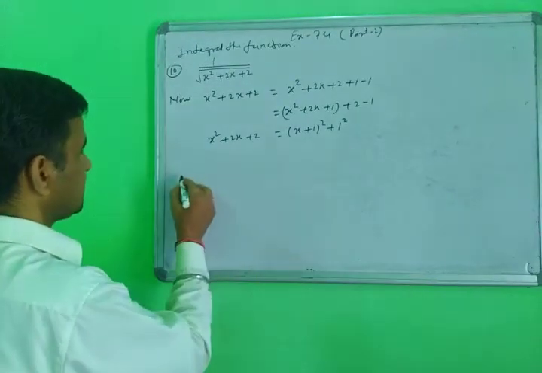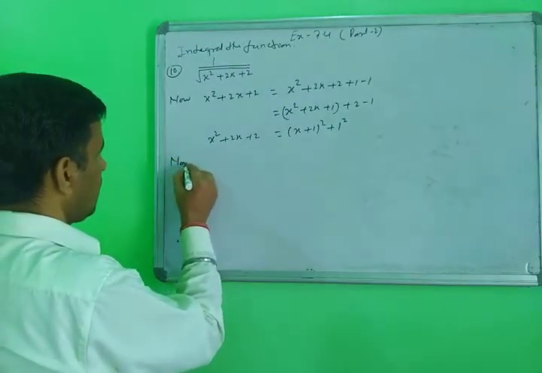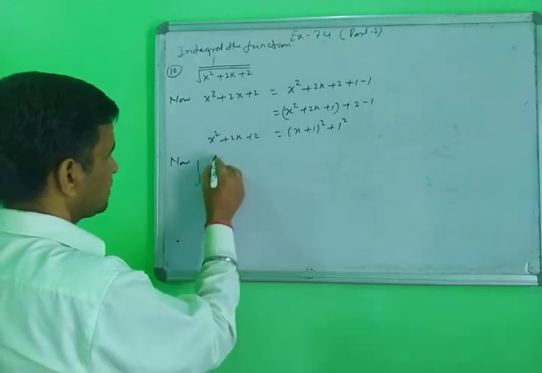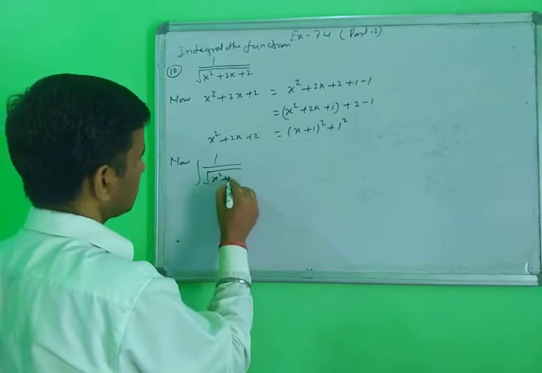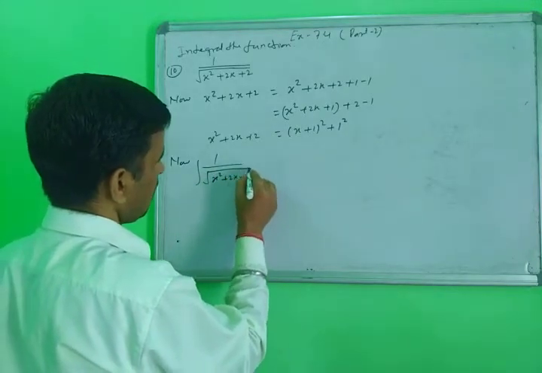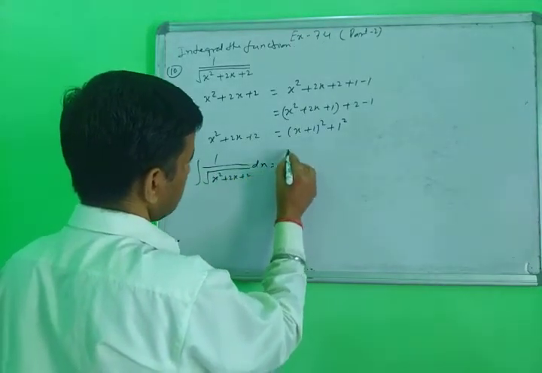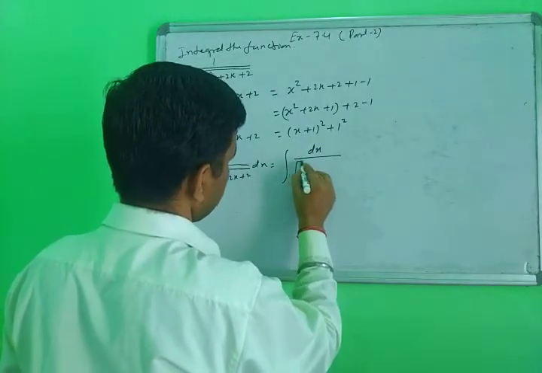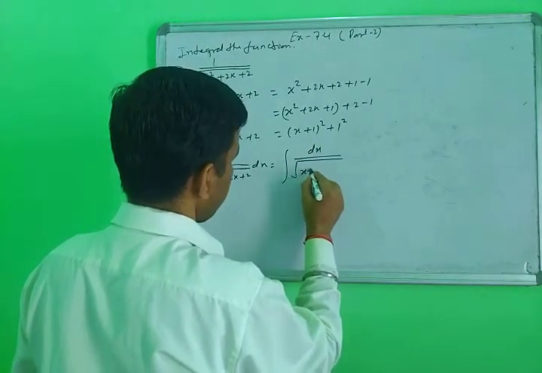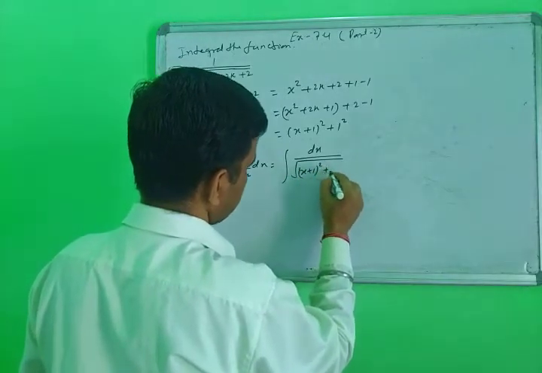After that, you write the integration form: integration of 1 upon root x square plus 2x plus 2 dx, which equals dx upon square root of x plus 1 whole square plus 1 square.